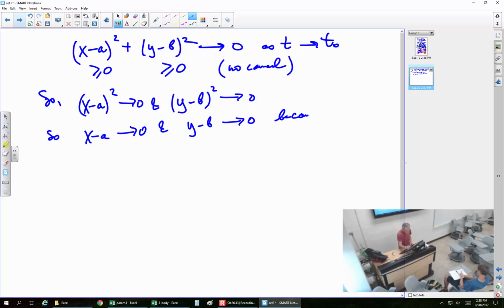Because of the magic words. What? Squared functions continue. The square is continuous. So u squared is continuous. So once again, we're getting rid of the square.